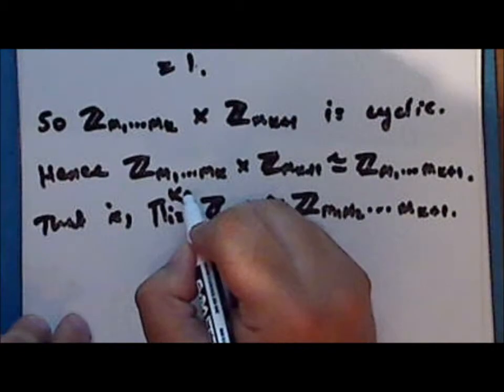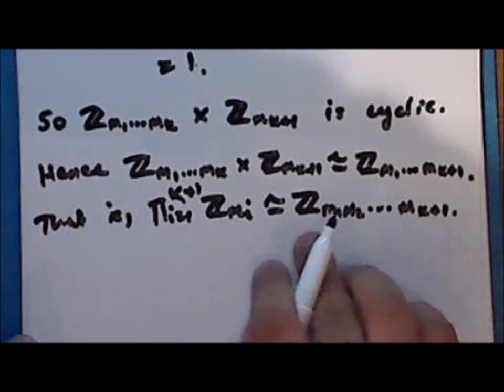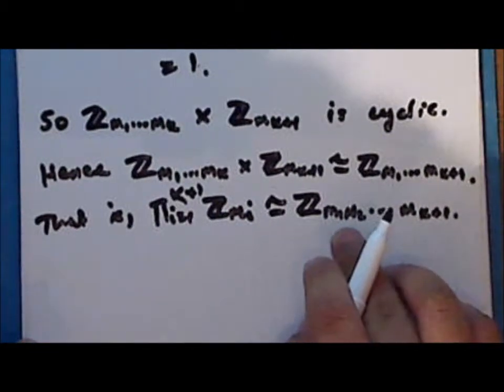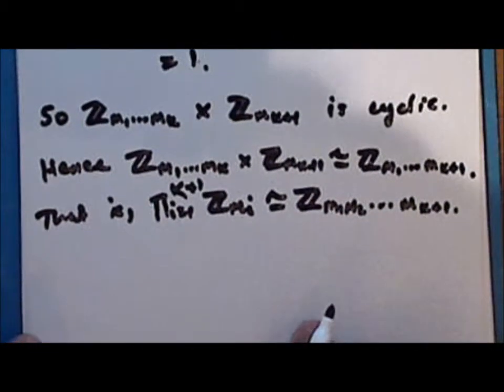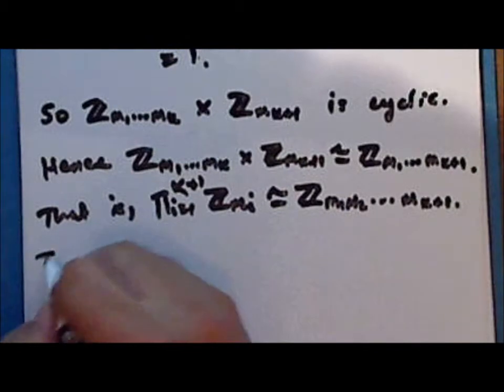Correction. The product from I equals 1 to k plus 1 of the integers modulo m sub I is isomorphic to the integers modulo m sub 1 times m sub 2 through m sub k plus 1. That is, the case k implies the case k plus 1.